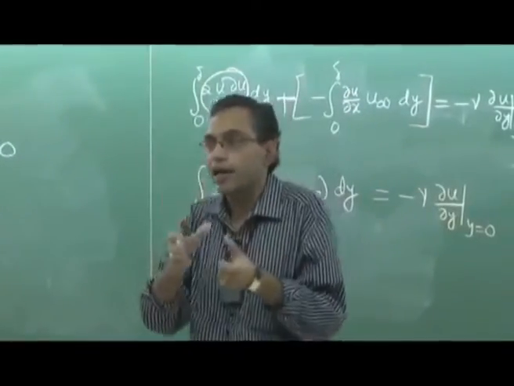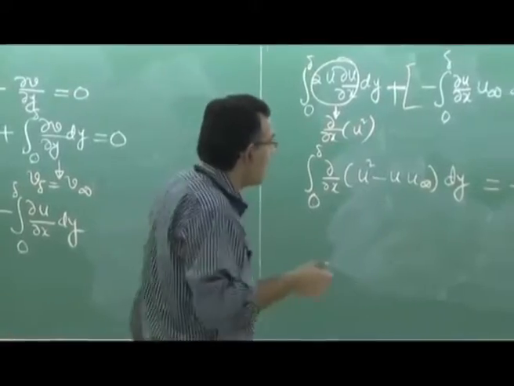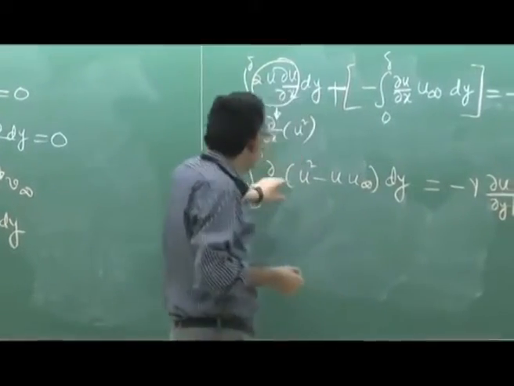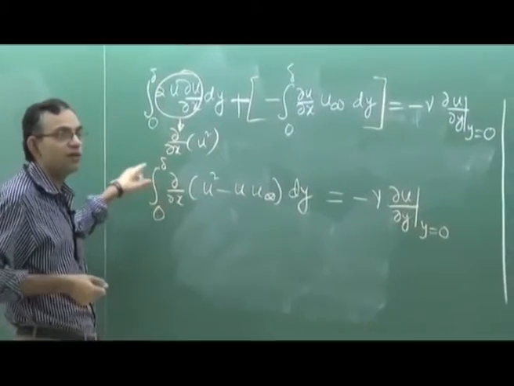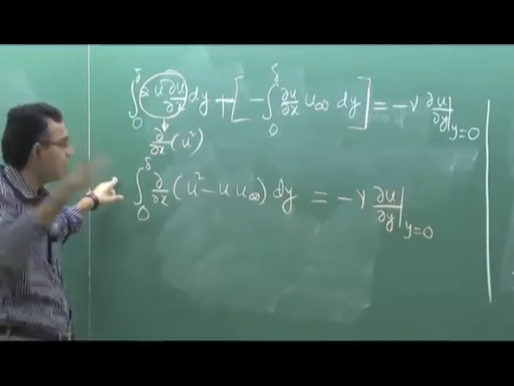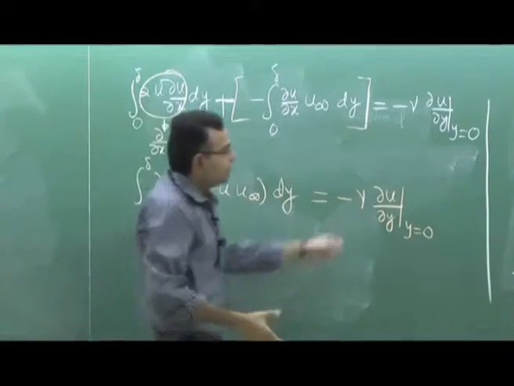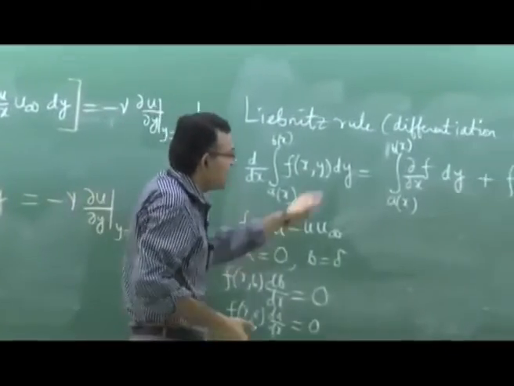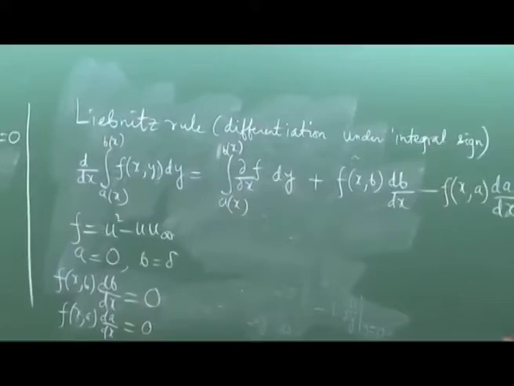The formula may be correct, but the way of arriving at the formula may not be correct. So there are many books which immediately after this step will write the derivative outside the integral. So it will create an impression in your mind as if that is the rule that has to be there always. But this is the rule. Fortunately the correction term is 0 in this case. Okay.